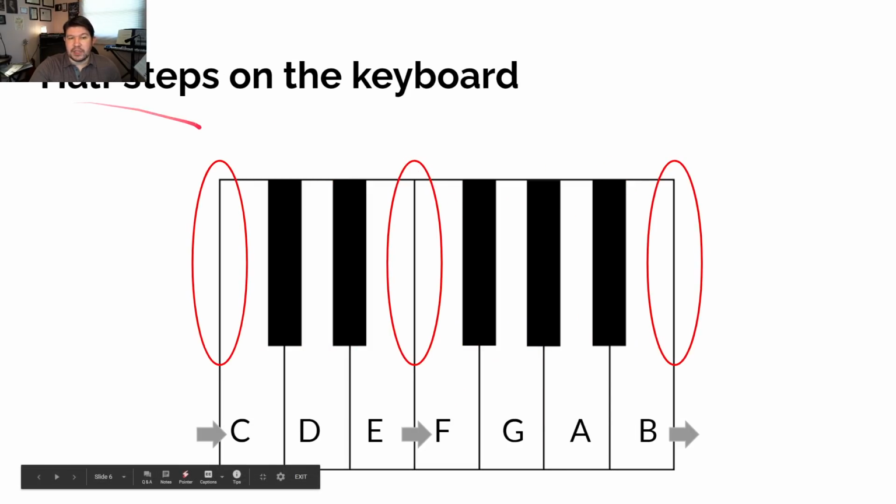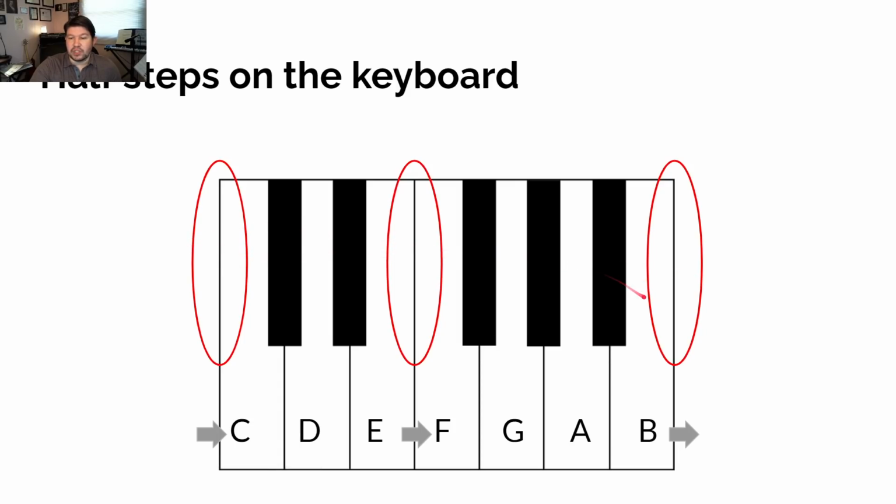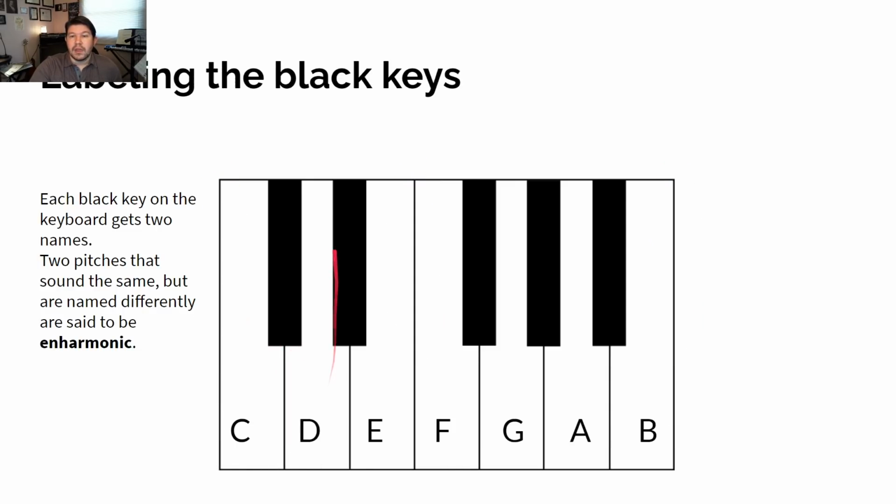So half steps on the keyboard, like it says here, are those B to C or E to F because there is no black key between those. Those are the half steps that exist in those white keys right there. Now, remember, each of those black keys is a half step, which is what we're going to discuss next. When we label the black keys on the keyboard, each black key is going to get two different names.